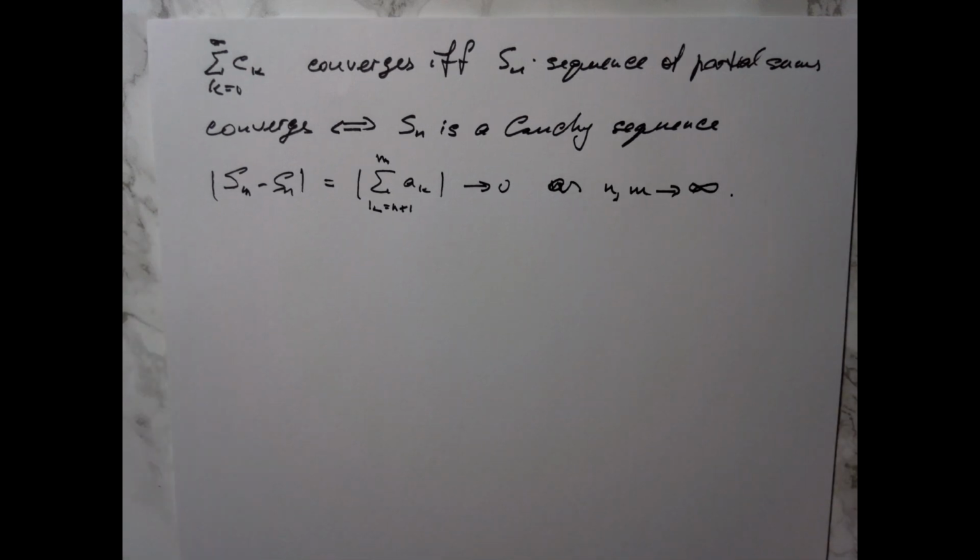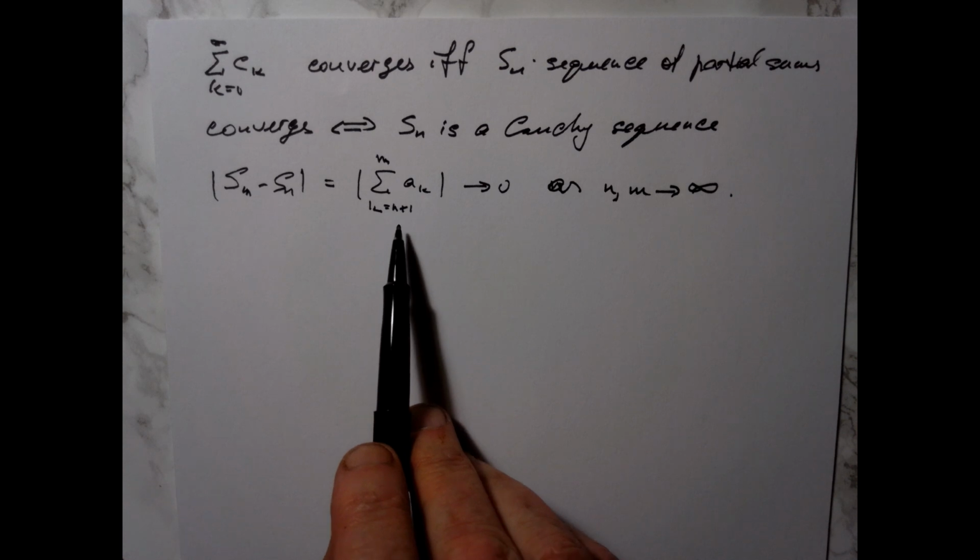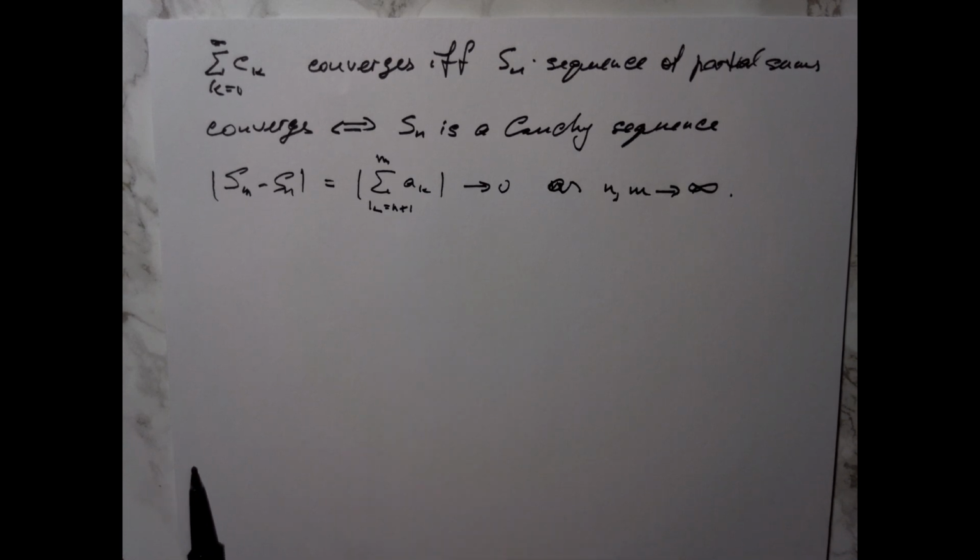Okay, so the convergence of the series is equivalent to convergence of the partial sums, which is equivalent to this particular kind of sums converging to 0. And this should be true for any n and m.